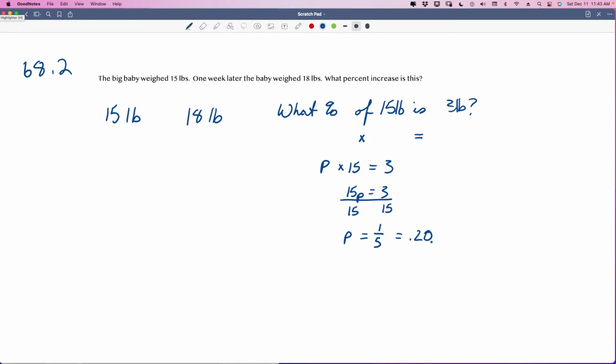So if we have 0.20, right, or 0.2 as our decimal, that becomes 20 over 100 as our fraction, which equals 20%. So our percent increase was 20%. He increased 20% in weight from 1 week to the next. That's how we would solve that.